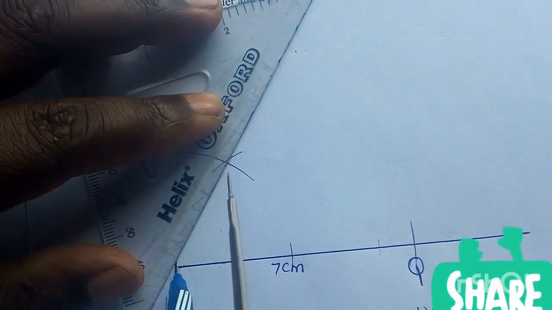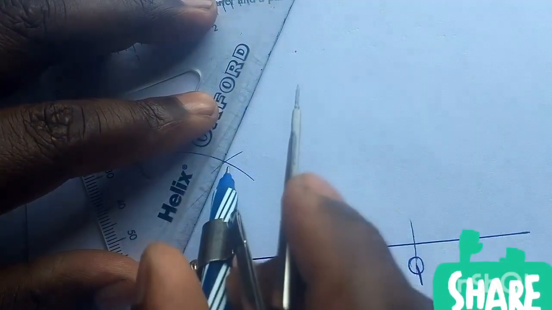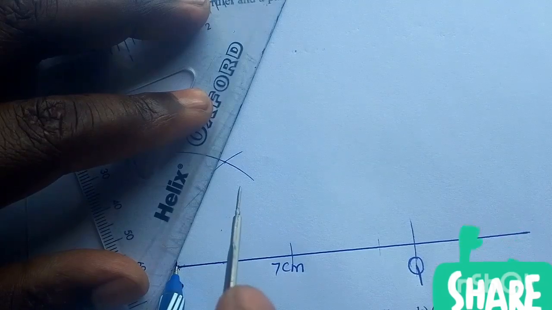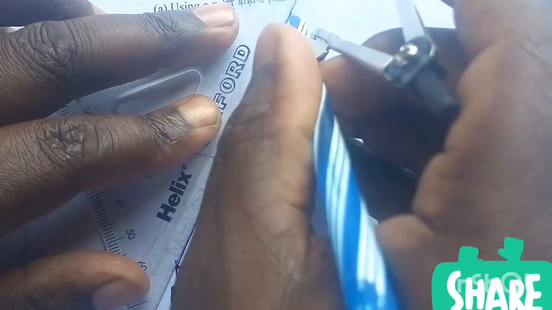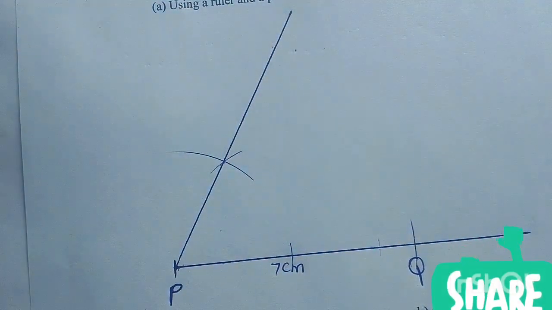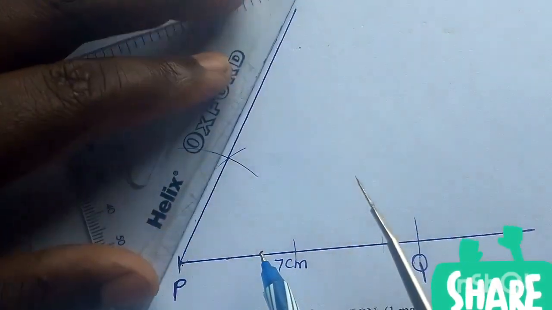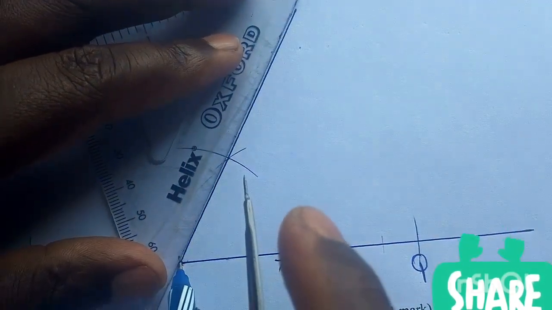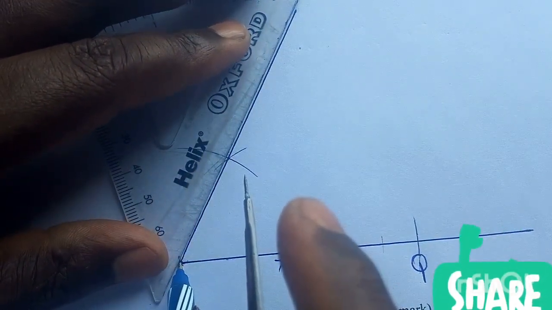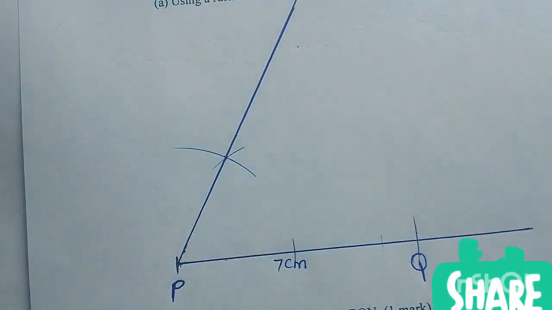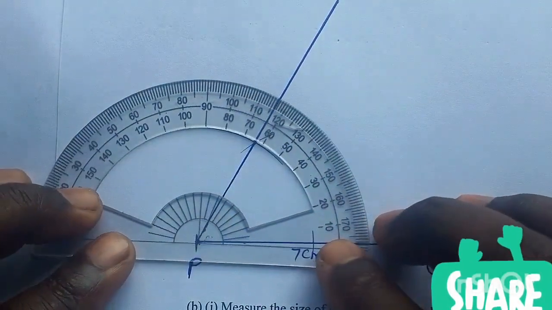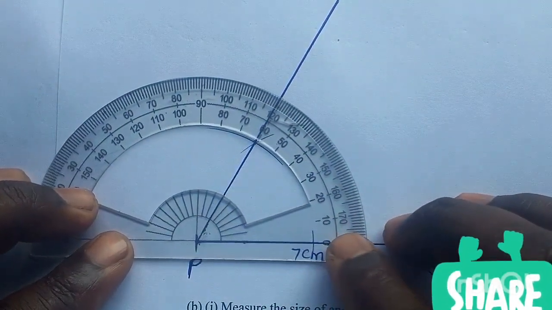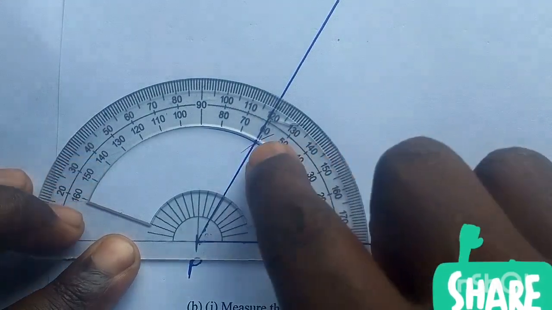So this one is 60 degrees. Now you can confirm with your protractor that this one is actually 60.